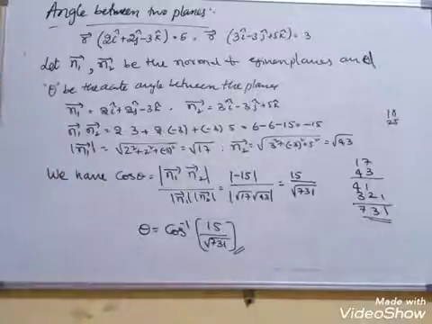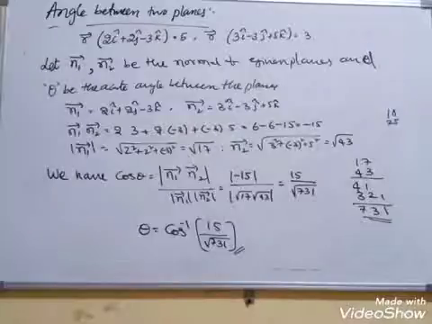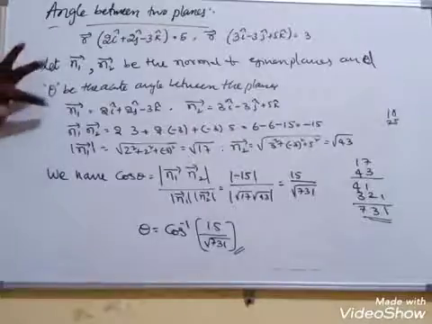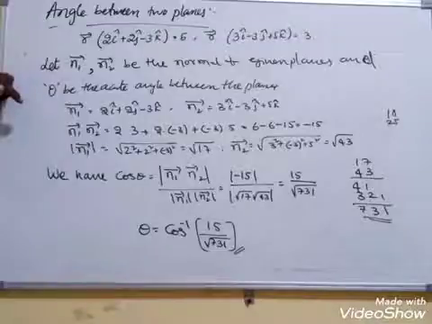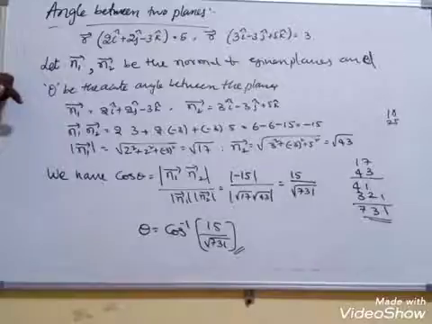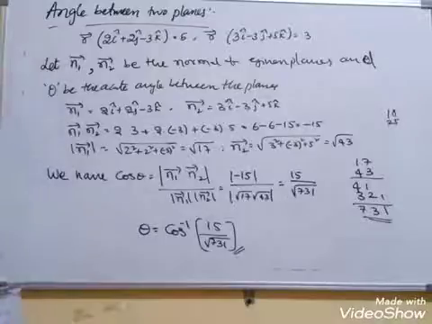Let n1 bar and n2 bar be the normals of the given planes and theta the angle between the planes. Then n1 bar dot n2 bar you got minus 15, modulus of n1 bar is root 17, modulus of n2 bar is root 43. Substituting in the formula, you get cos theta is equal to 15 by root of 731. Finally theta is equal to cos inverse of 15 by root of 731.